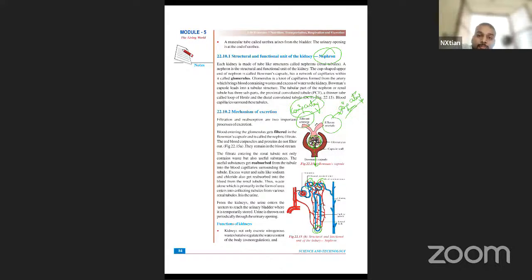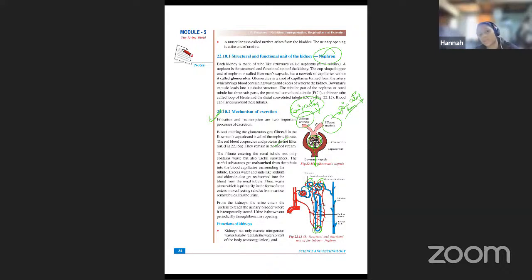Understood? Can you read this, mechanism of excretion? Mechanism of excretion. Filtration and reabsorption are two important processes of excretion. Blood entering the glomerulus gets filtered in the Bowman's capsule and is called the nephric filtrate. The red blood corpuscles and proteins do not filter out. They remain in the bloodstream. The filtrate entering the renal tubule not only contains waste but also useful substances.